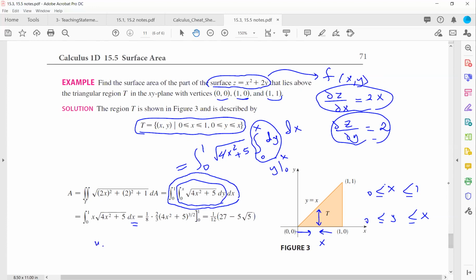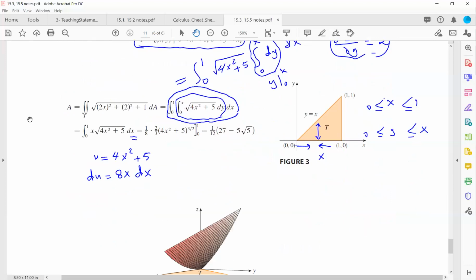By using substitution, u is 4x squared plus 5, so du is 8x dx. 8 is missing here, so you multiply and divide by 8. So we have, let me write down the detail for you. I don't want to miss out anything.